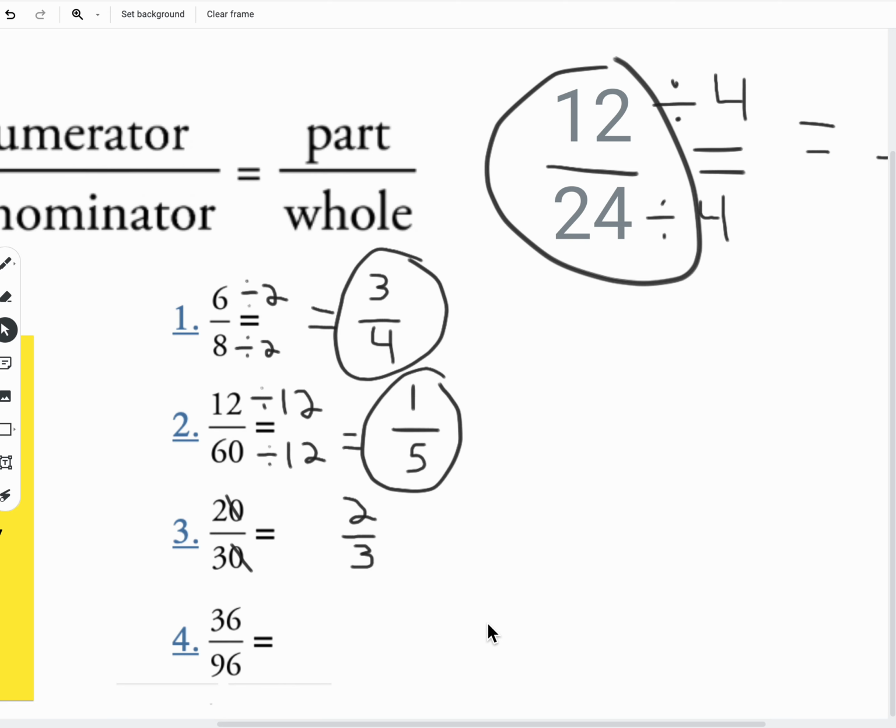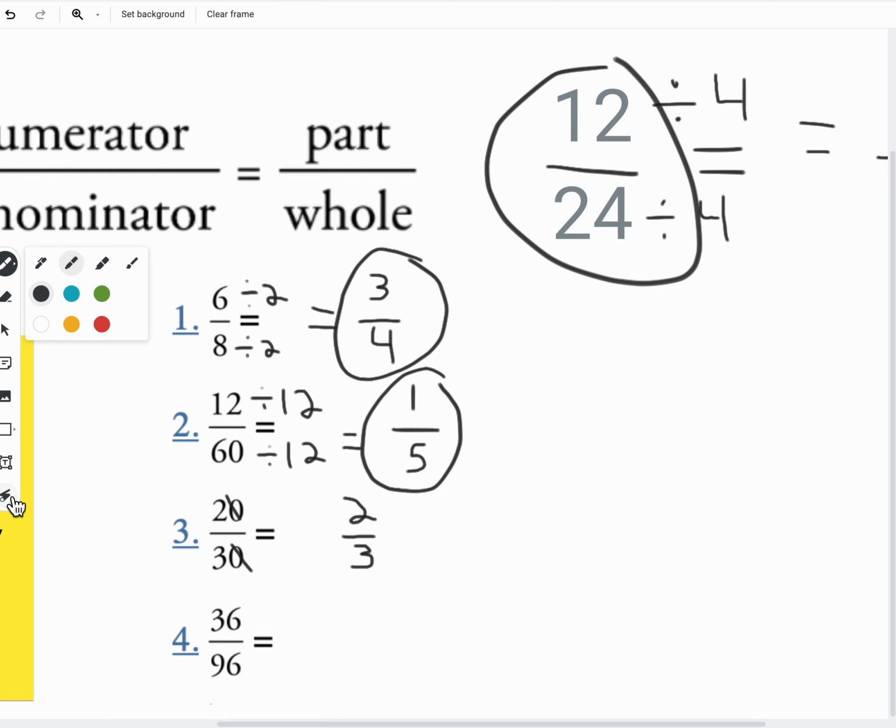Now let's try number 4. 36/96. Let's divide this by 3. And then 4.